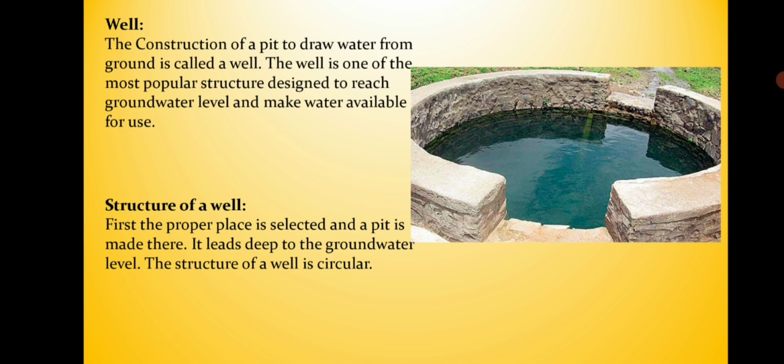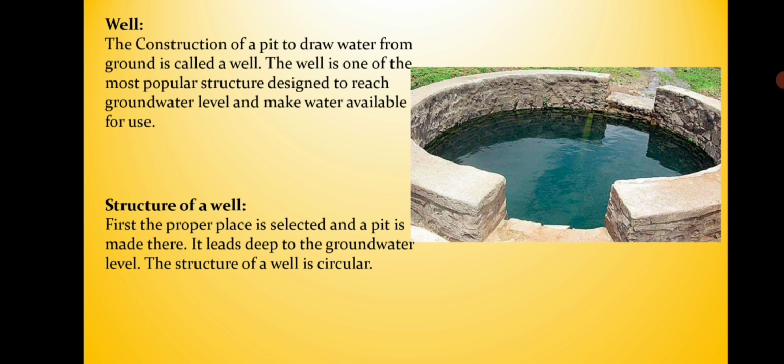First, a proper place is selected and a pit is made there. It depends upon the depth of the groundwater level, so you have to go to the depth at which you get the level of water. Then the walls of the pit are constructed with bricks or stone, it depends.